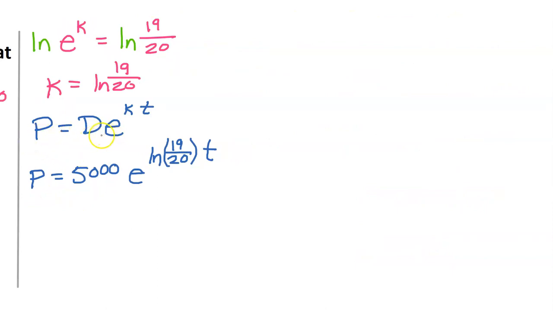So here is the equation that we got using the shortcut, and here it is with the value of D and k filled in. Notice that we have e and then natural log of 19 over 20. They're sort of touching each other. I'm dying to cancel these out. However, I have to be careful because of the t.